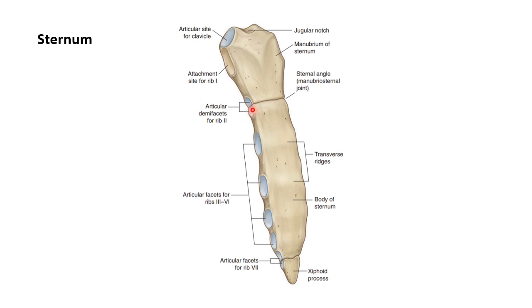The superior demifacets of the body, with the inferior demifacets of the manubrium sterni, will articulate with the second costal cartilage, while the inferior demifacets with the demifacets of the xiphoid process of the sternum will articulate with the seventh costal cartilage, the costal cartilage of the seventh rib. So this is the sternum in summary.